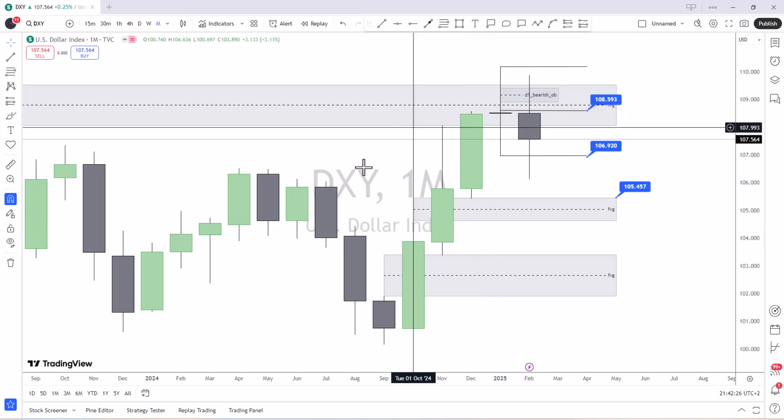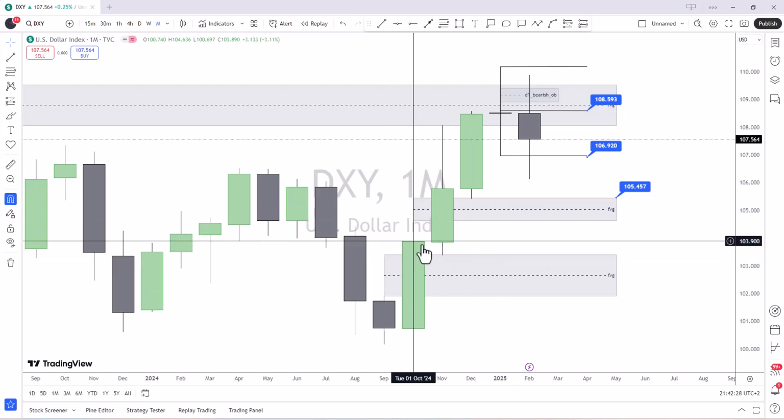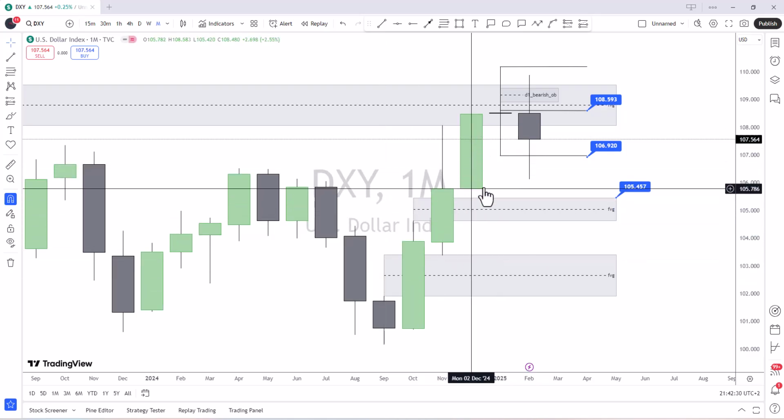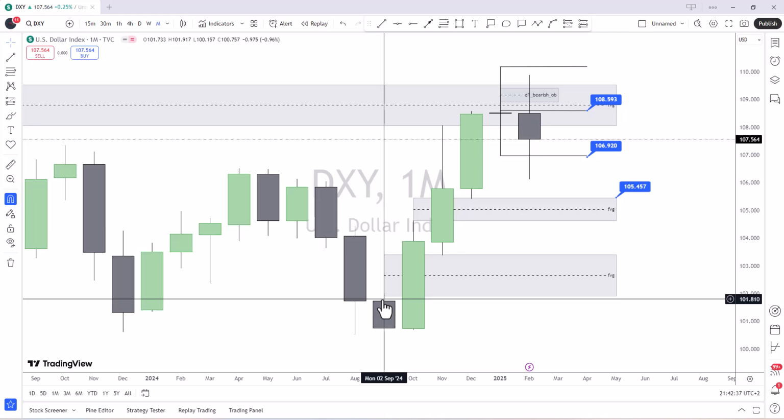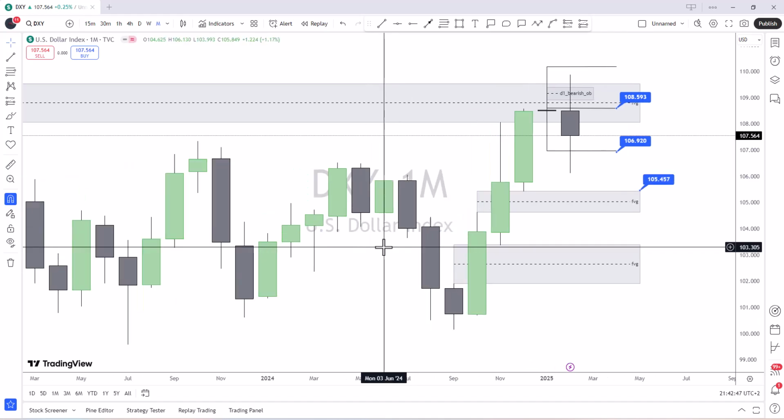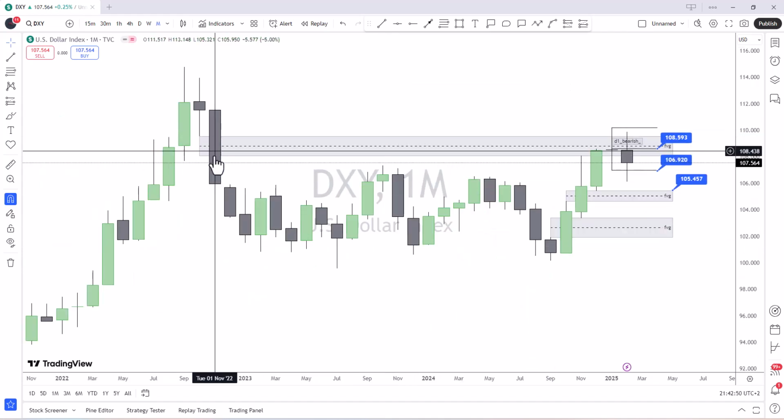Now ultimately, we've got these imbalances here between December and October. We have imbalance, and then we have imbalance between November and last September 2024. Those are ultimately our draw on liquidity on the monthly chart, and you can see where price is at the moment.